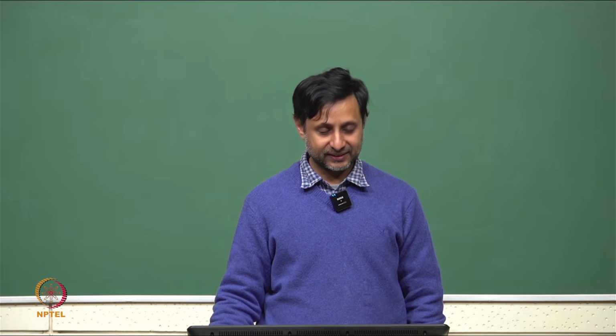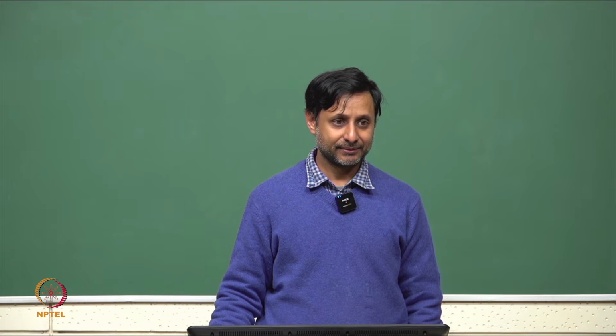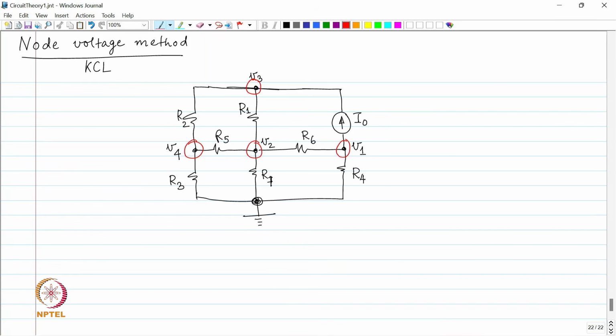So, we go to node number 1, and node number 1 has total current flowing out of it through 3 branches. One current goes out through R 4, one current goes out through R 6, and another current goes out through I naught. What is the current that goes out through R 4?